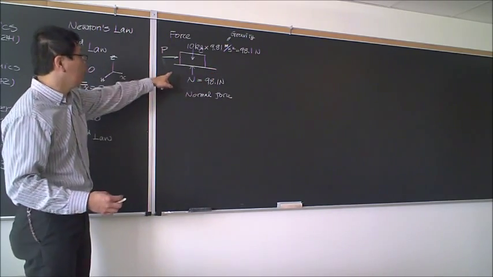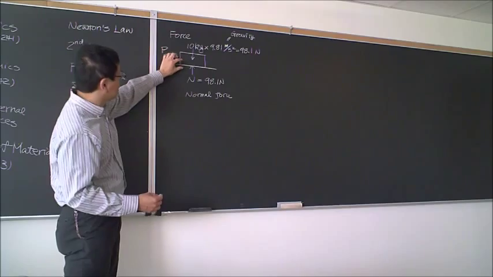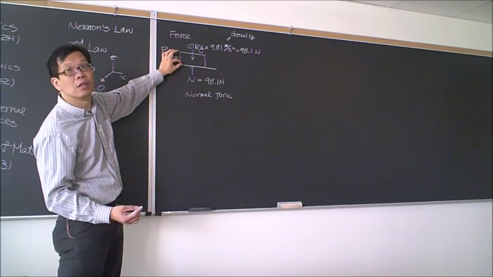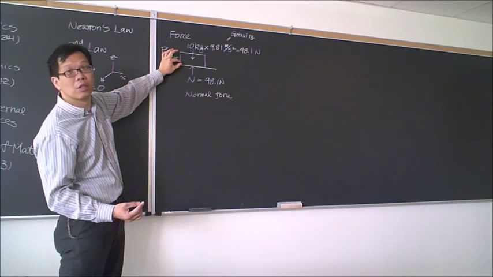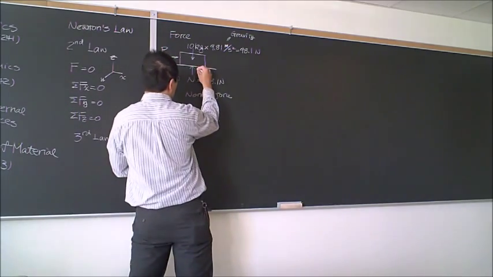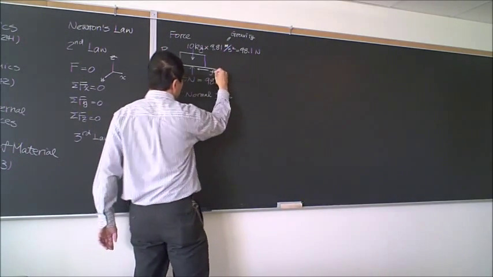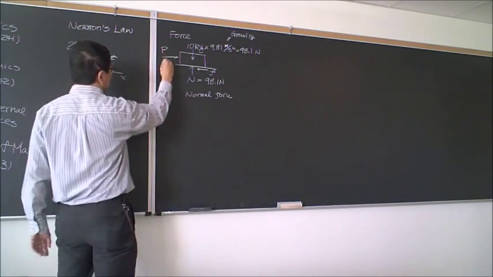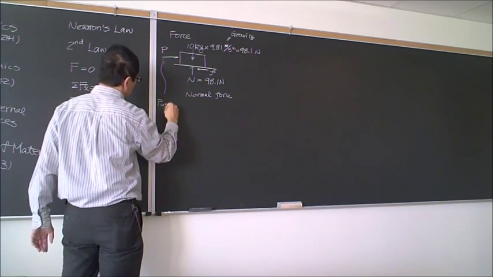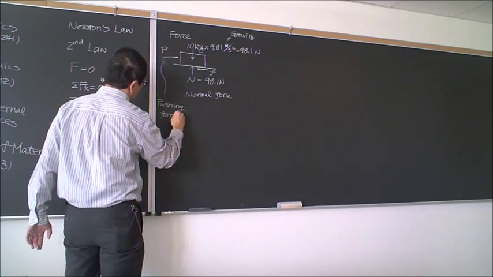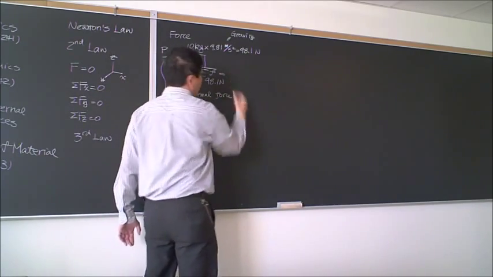But if the contact surfaces over here is not perfectly smooth, what happens? You're going to have friction. So when you have friction, you need to draw another arrow over here, and say this is friction force.